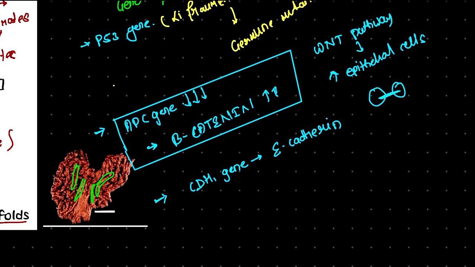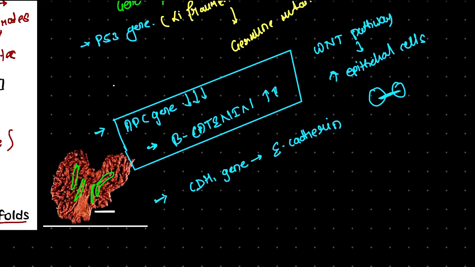It helps as a cell adhesion molecule. If there is a defect or mutation in the CDH1 gene, there will be loss of E-cadherin. As there will be loss of E-cadherin, the cells cannot adhere with each other so easily.